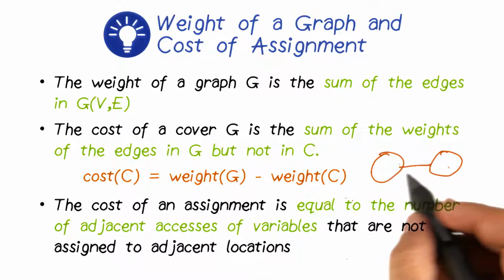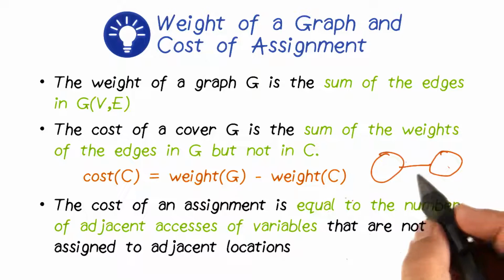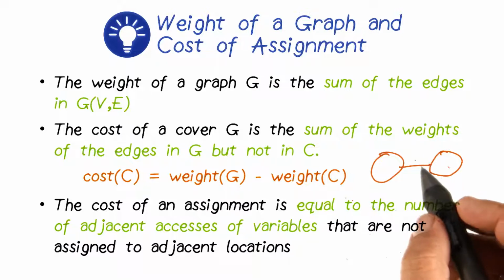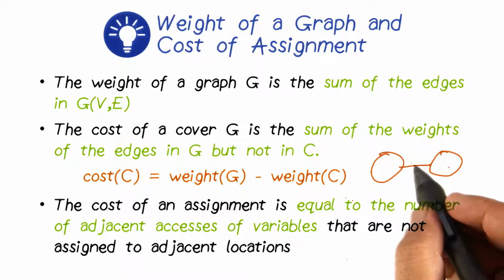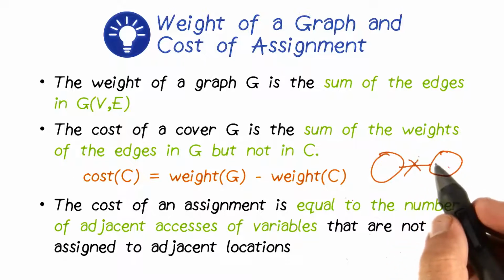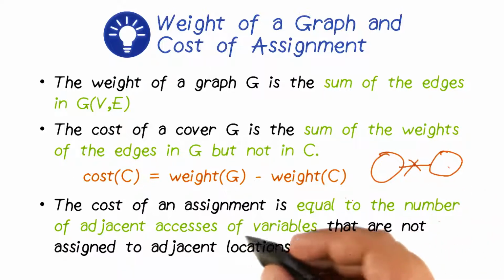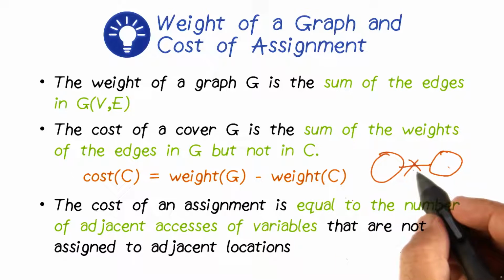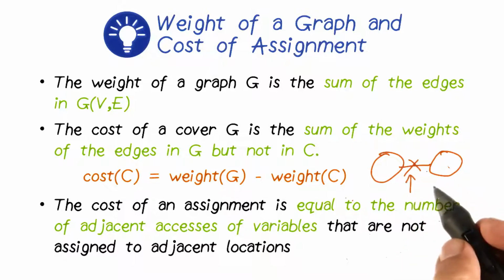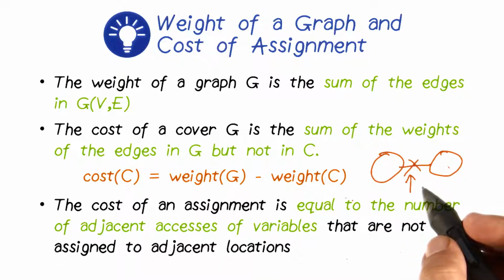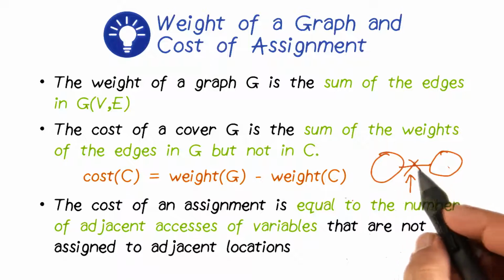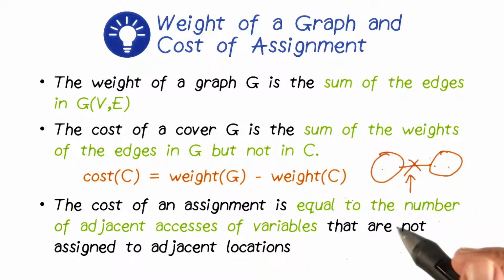But if we do not end up putting these right next to each other, then this edge cannot be covered, and so the cost of this cover is the total sum of such accesses which are left out from the graph because of that layout, which is not putting these 2 right next to each other.